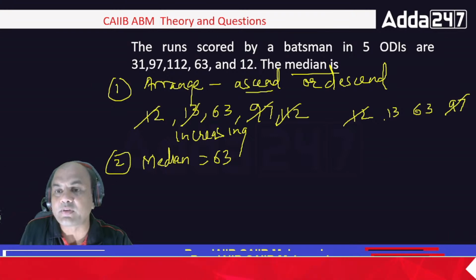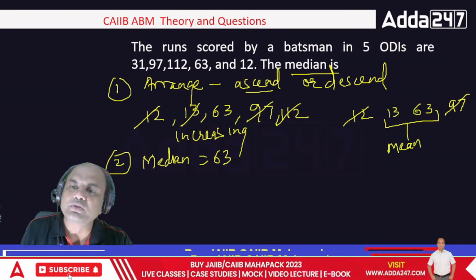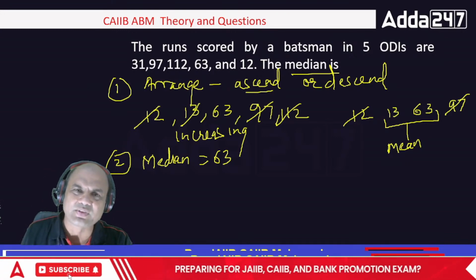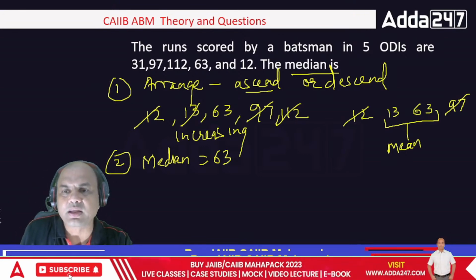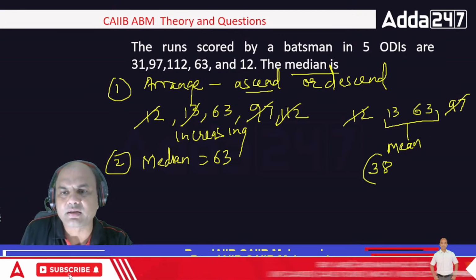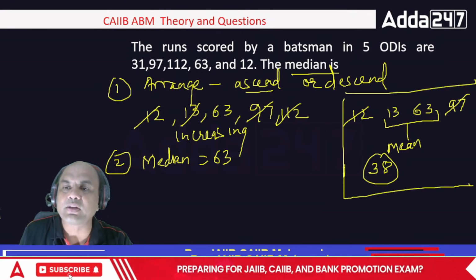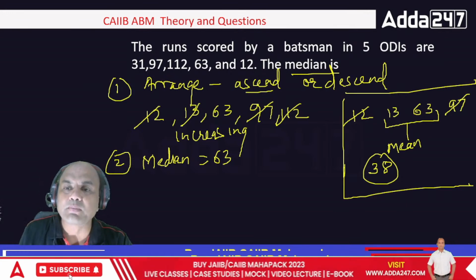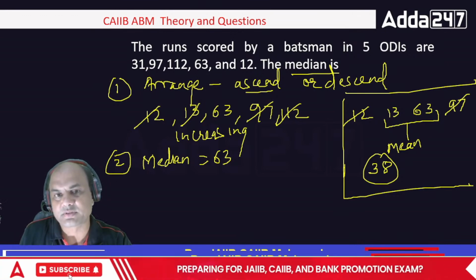In the center you will have 2 numbers, so find the average of these 2 numbers: 13 plus 63 upon 2. That is 76 upon 2, so 38. So when the number of elements is even, you have to find the mean of the central numbers.